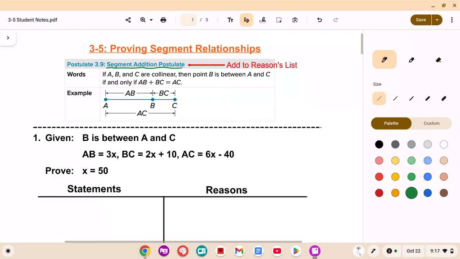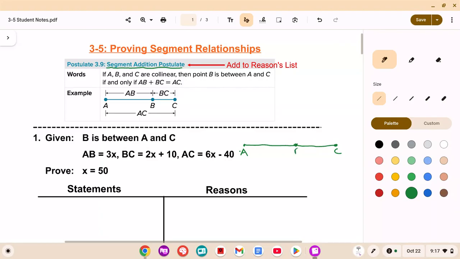Okay, so number one says B is between A and C somewhere, and then they give you some expressions for the different parts of your segment. So I would suggest that you draw yourself a number line here. And we'll go ahead and put A on there, C on there, and then B is just somewhere in there.